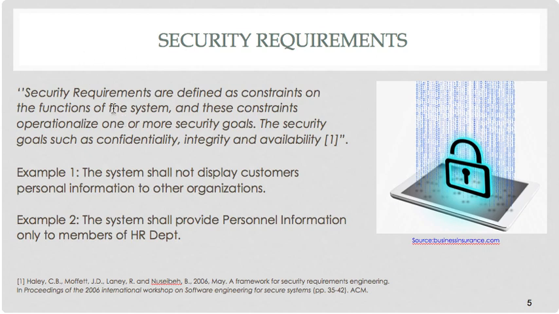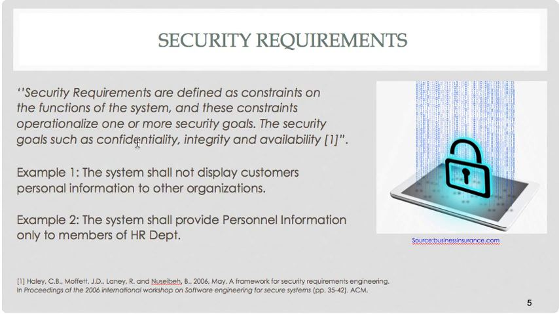Security requirements, as mentioned by Hale, are defined as constraints on the function of the system, and these constraints operationalize one or more security goals. The security goals are confidentiality, integrity, and availability.